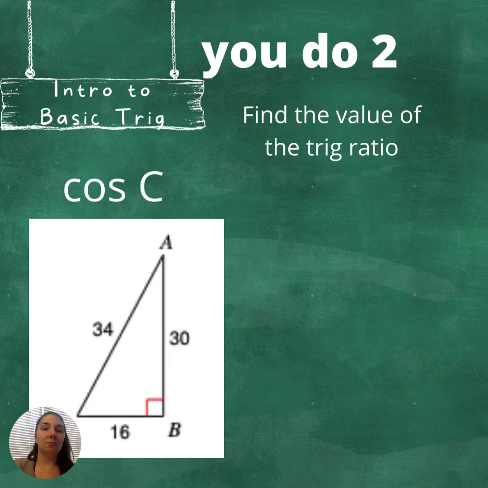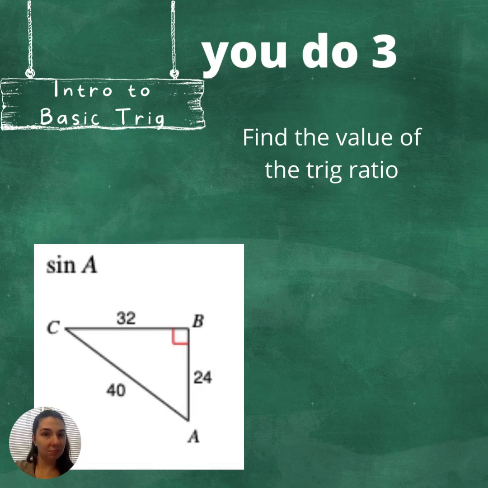From Kuta, in this problem, I would like you to find the value of the trig ratio. Give me the ratio of the cosine of C. Remember, use SOHCAHTOA for this. In this problem, which is you do 3, I'd like you to find the value of the trig ratio for the sine of A. Don't forget to use SOHCAHTOA to help you out.